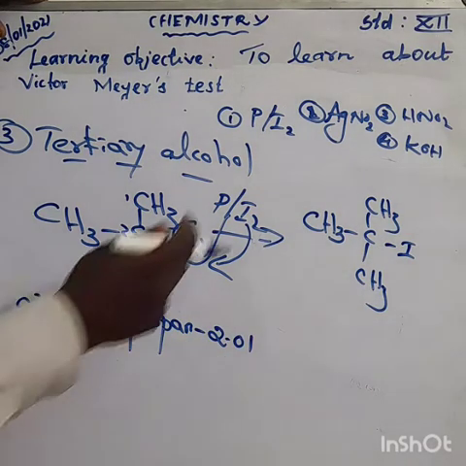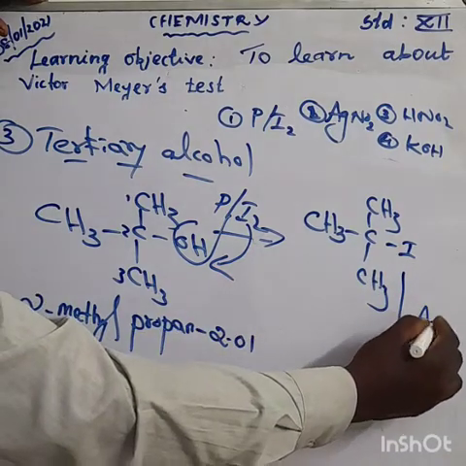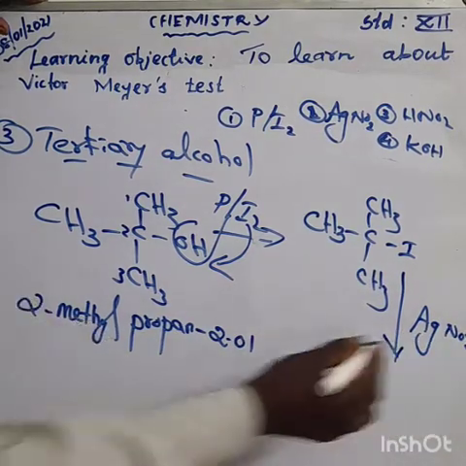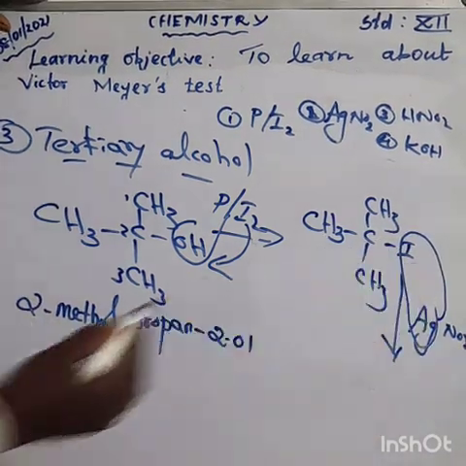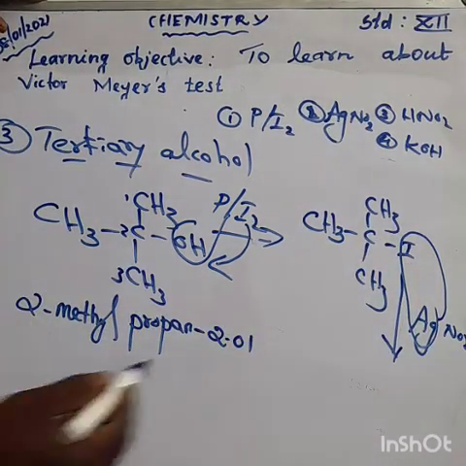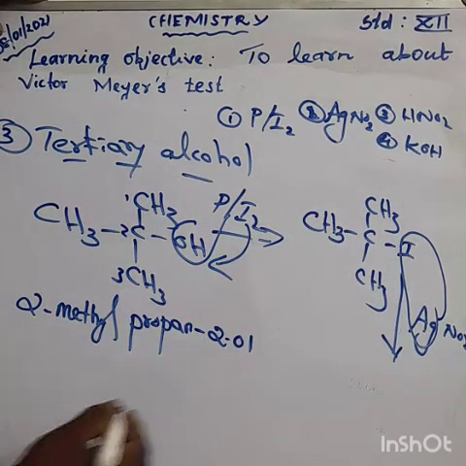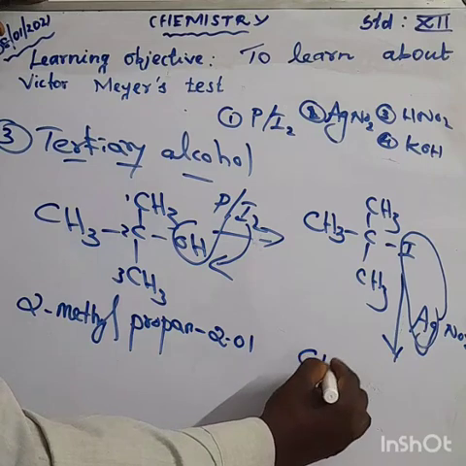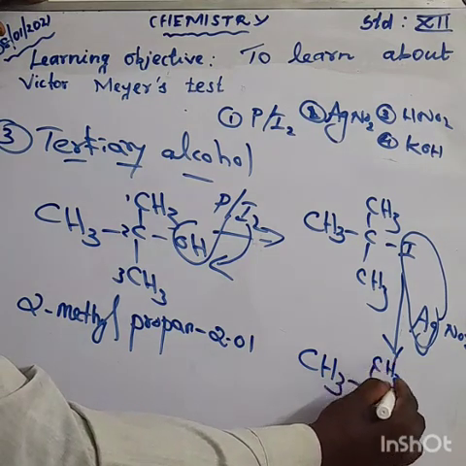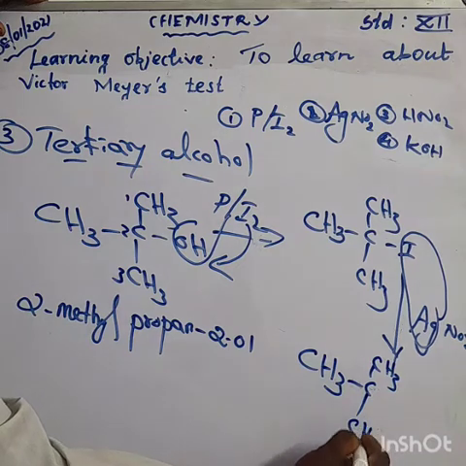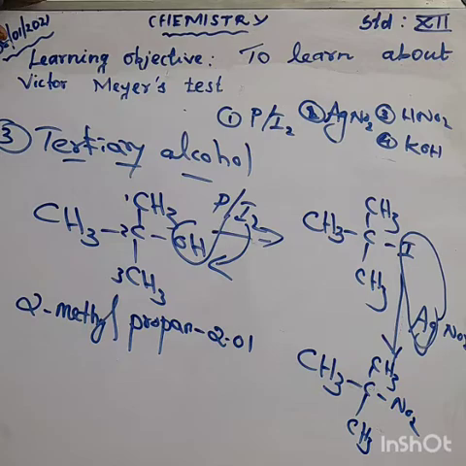Again we are adding the second reagent, AgNO2. The Ag combines with iodine to give AgI and NO2 will be attached there. So what is the compound here? (CH3)3C-NO2.